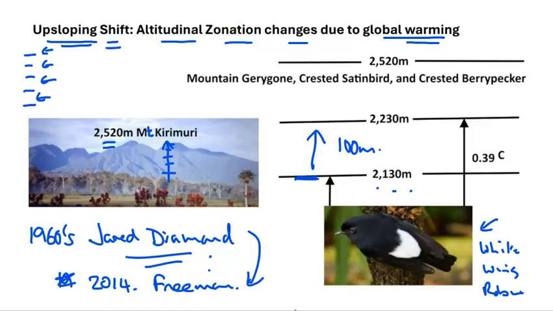This altitude increase is correlated with the average increased temperature of 0.39 degrees centigrade per year.